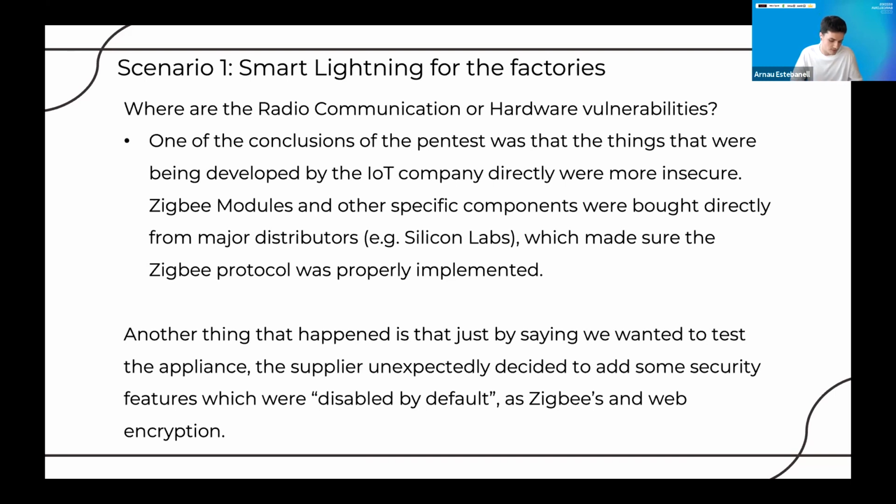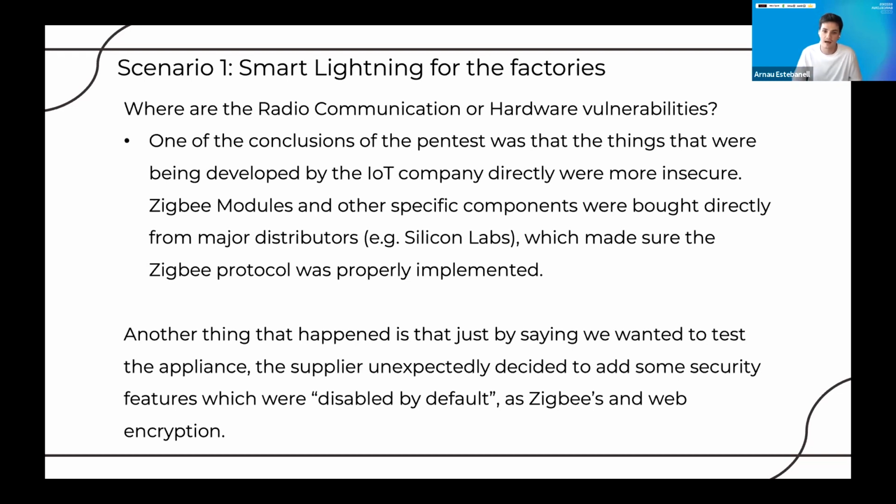Because for specific network modules, it happens the same with the GSM modules that mobile phones have. There are only a few suppliers in the world that produce them, and they make sure that the chips are working as expected and that they are implementing the radio communication protocols as they are supposed to.